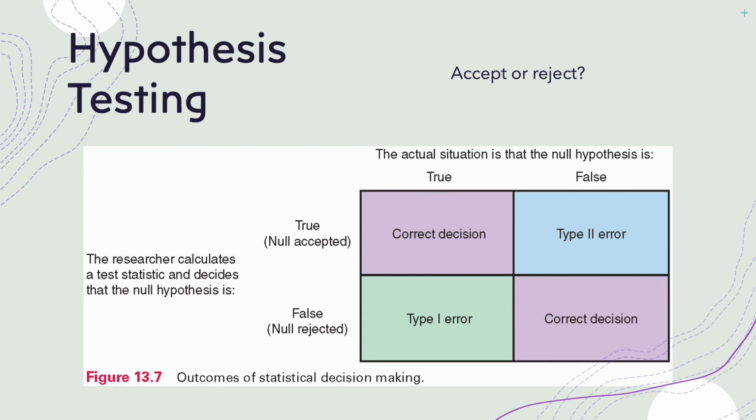We would correctly accept the null hypothesis. To reduce the risk of a type 2 error again, we increase the sample size. We determine the sample size through a power analysis. And power is the ability to detect a true relationship. The minimum power we want is 0.8.